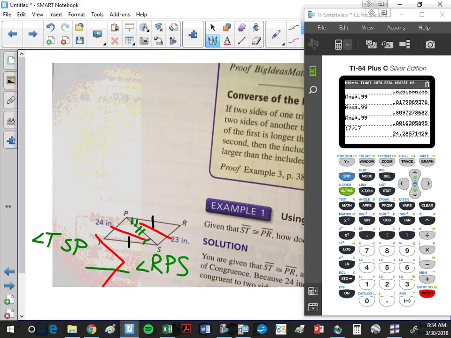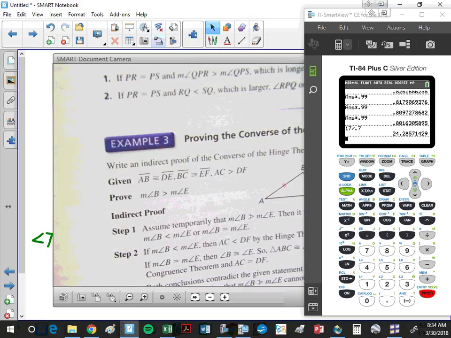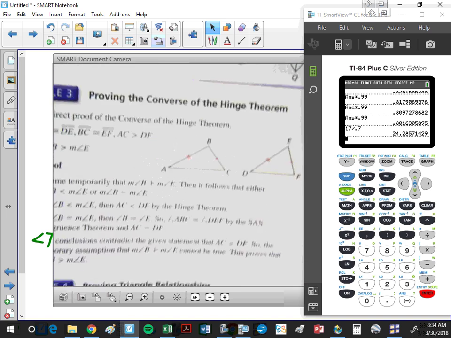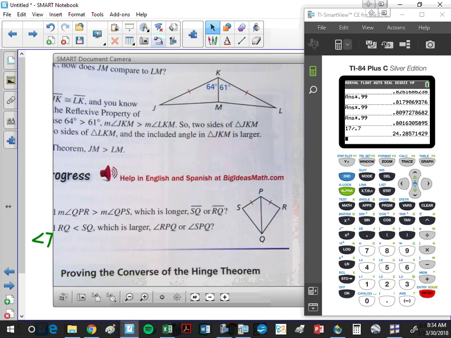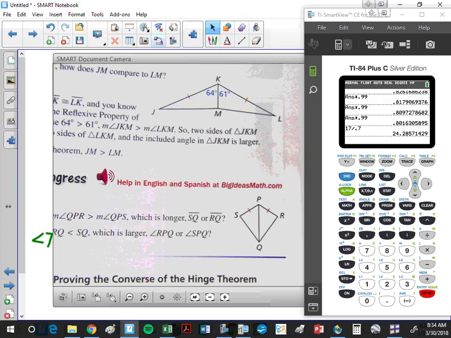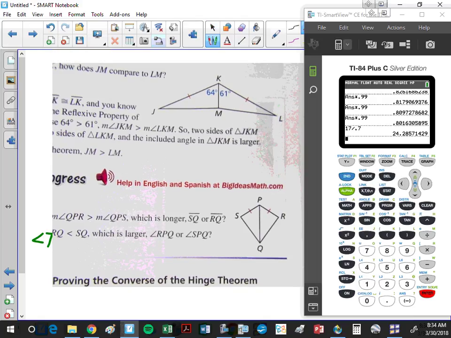Okay, look on the next page. And we have 2 here. Okay. So the third side is right there.